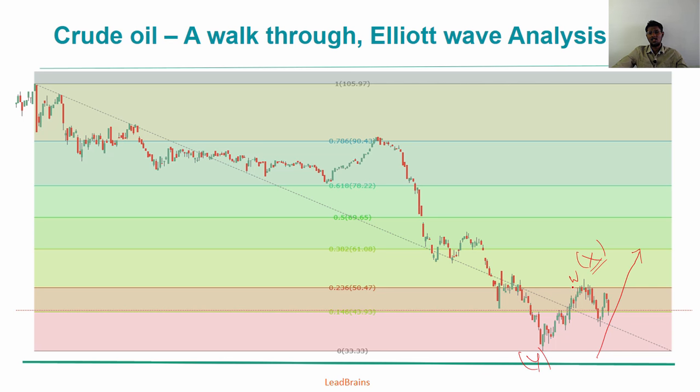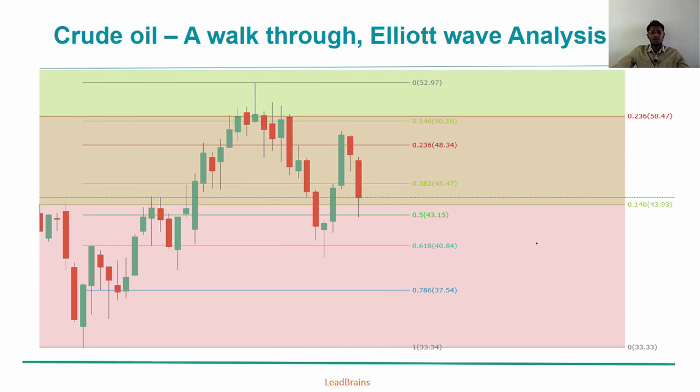So let's understand that the cycle wave W has been completed and the cycle wave X has also been completed as a retracement to the cycle wave W. Here, from this area to this area is cycle wave W's territory, and the X has taken a 3-3-3 structure, finally ending the cycle wave X as a retracement to the cycle wave W at the area of the 0.618 retracement.